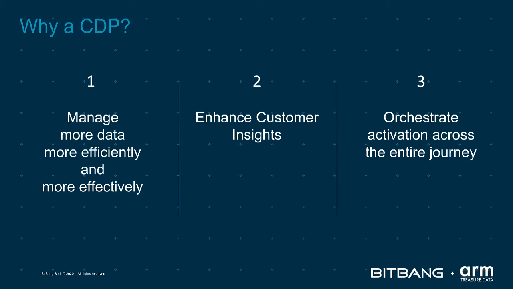But as we said, data has become bigger, faster, and more complex, and marketers have the mission to activate such data on more channels. So the main mission for a CDP is to deliver unified customer data at scale, right? So the main reason to adopt a CDP is to streamline the data referring to our customers. The more data we capture, the more we need to handle efficiency and effectiveness.